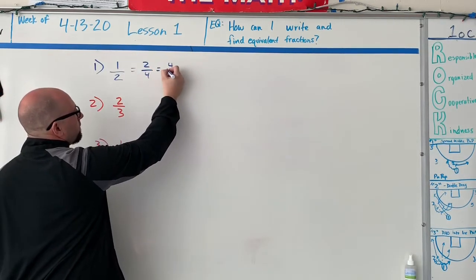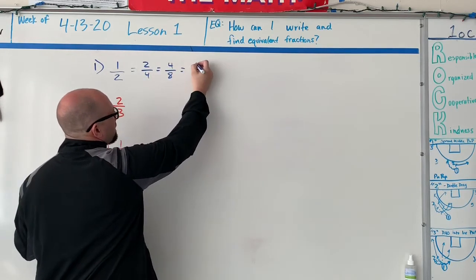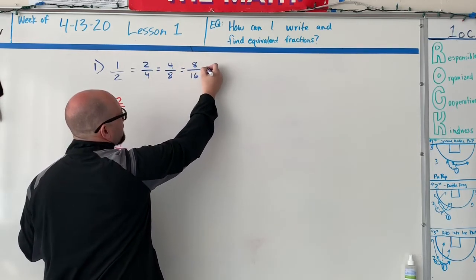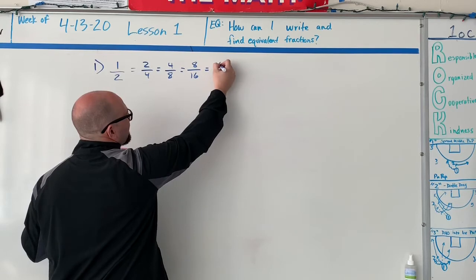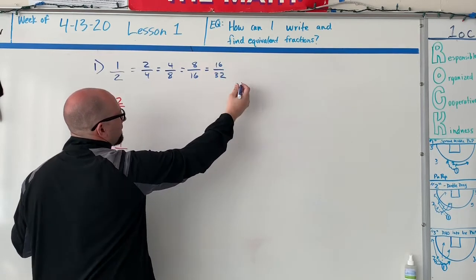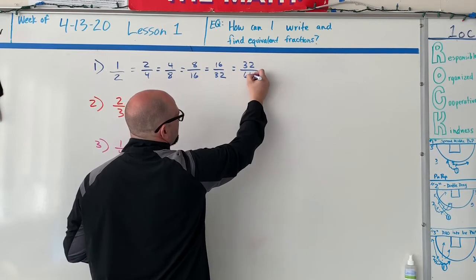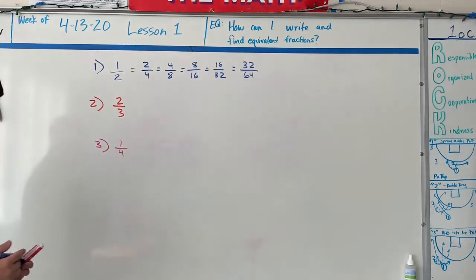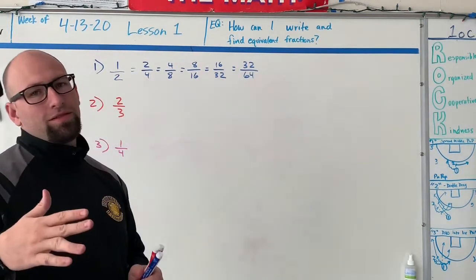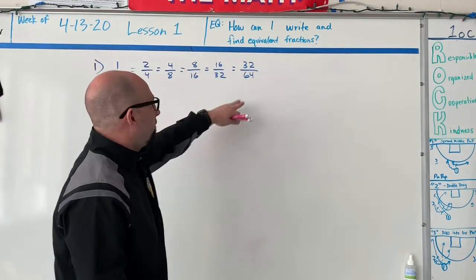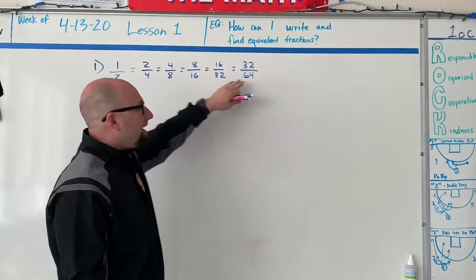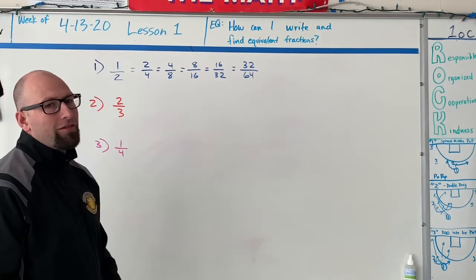It's going to equal 4/8, 8/16, 16/32, 32/64. Okay, so those are all equivalent fractions. 32/64 equals 1/2, which is our simplest form of that fraction.